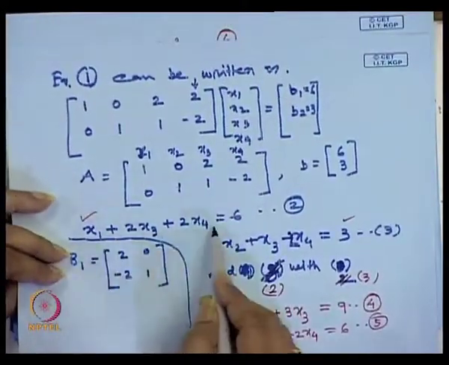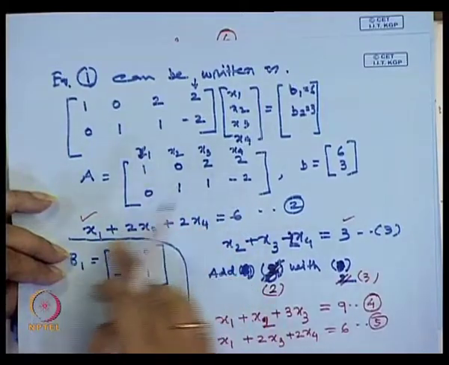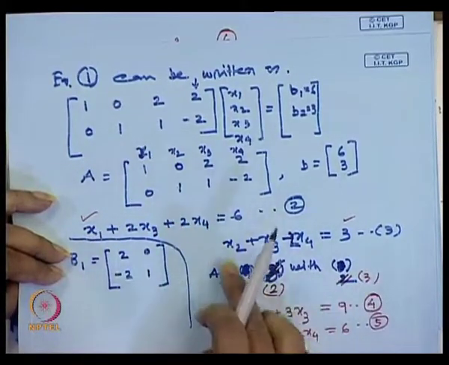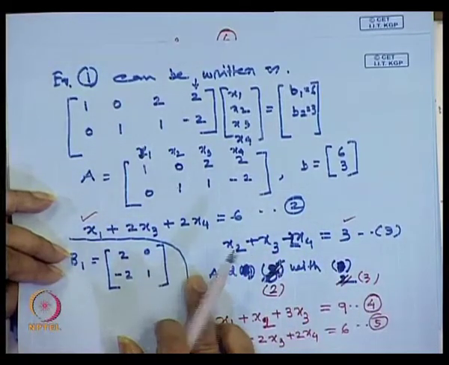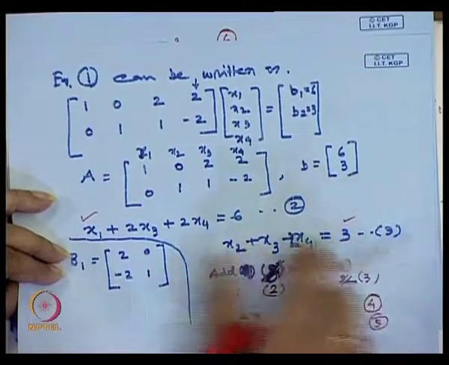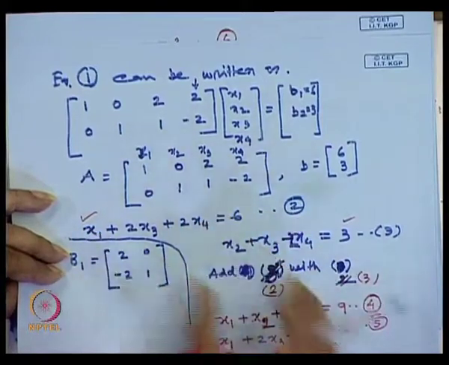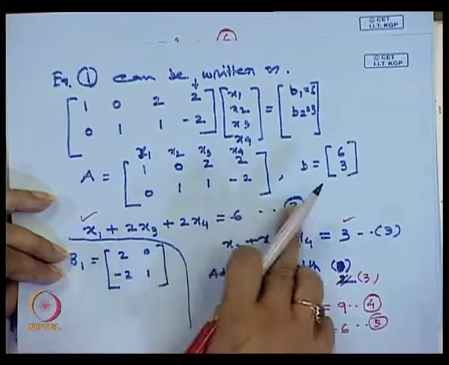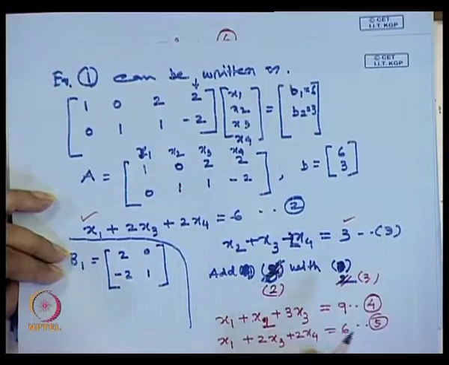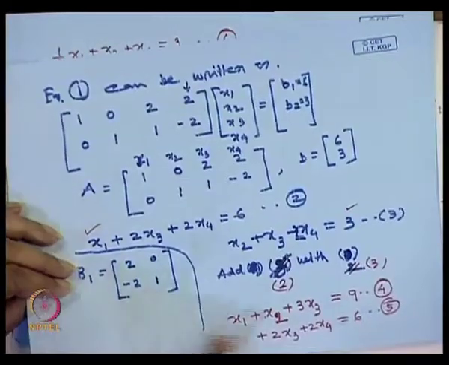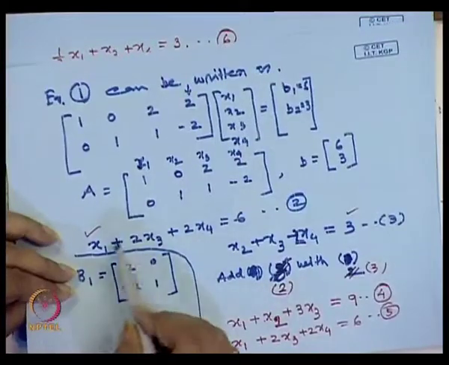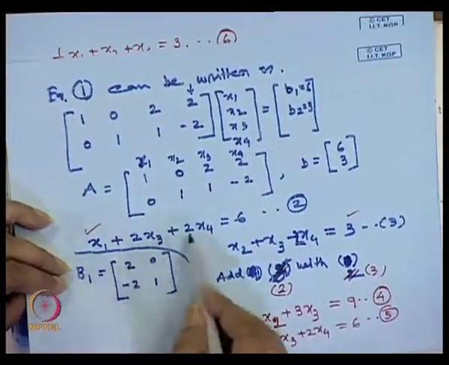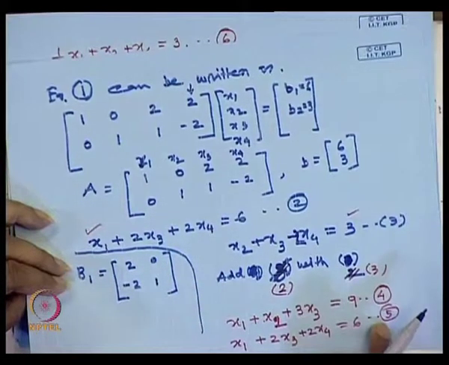This is nothing but the matrix 1, 2, 2, 0, 1, 1 times A. What did I do here? I added equations 2 and 3, and equation 2, rewritten here this way, I divided by 2.